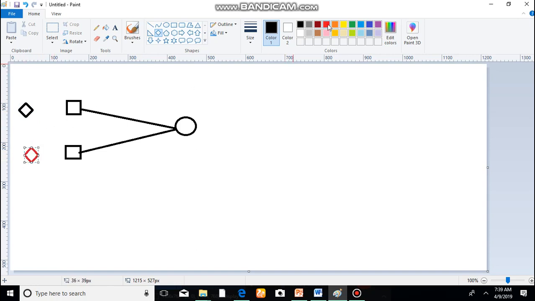I will use rhombuses to make the difference. So these two rhombuses are the users, the owners of the workstations, and these two are workstations, nothing but client nodes, and this is a server.